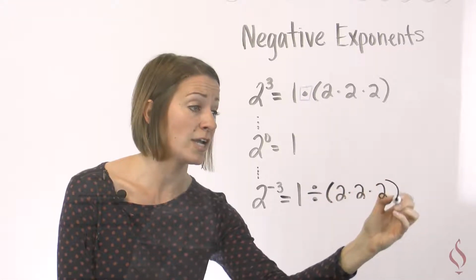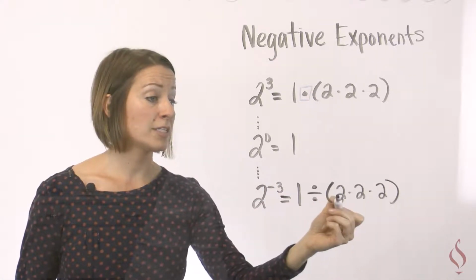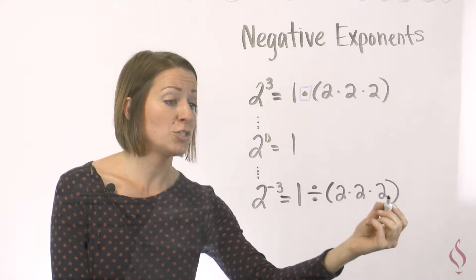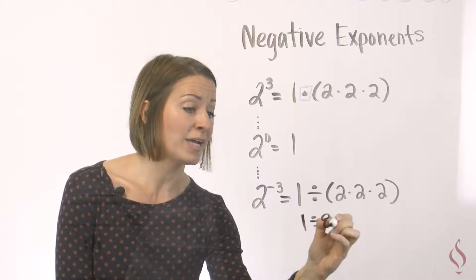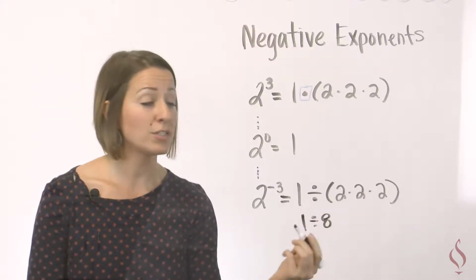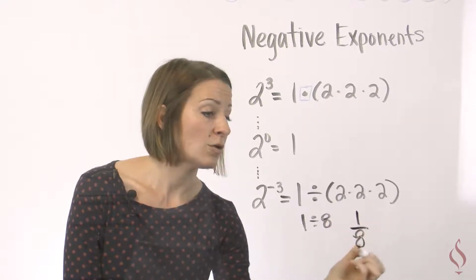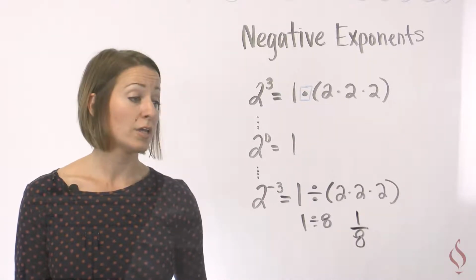We're still using the product because this is still an exponent. 2 times 2 times 2 is 8. So this now becomes 1 divided by 8, which the proper way to write is in fraction form, 1 over 8. So 2 to the negative 3rd power is 1 over 8.